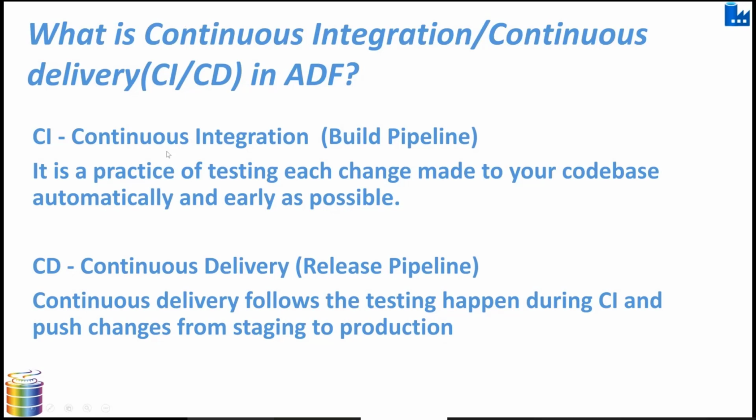In the first pipeline, your artifact is ready, and that one you use for CD, continuous delivery. So your code moves from your build pipeline to your release pipeline in different stages, like from dev stage to SIT or test or whichever phase you have. So this is continuous integration and continuous delivery.